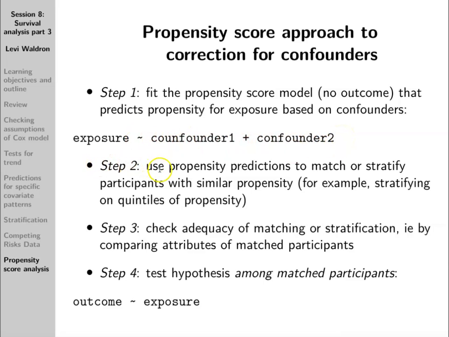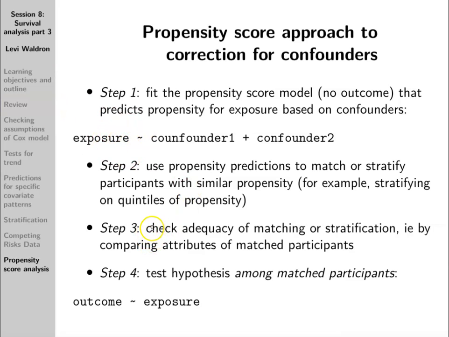And then the second step is to use the propensity predictions from step 1 to match or stratify participants with similar propensity. A very simple example would be to use the quintiles of propensity. So you would organize your participants into 5 categories from lowest propensity score to highest propensity score of exposure.